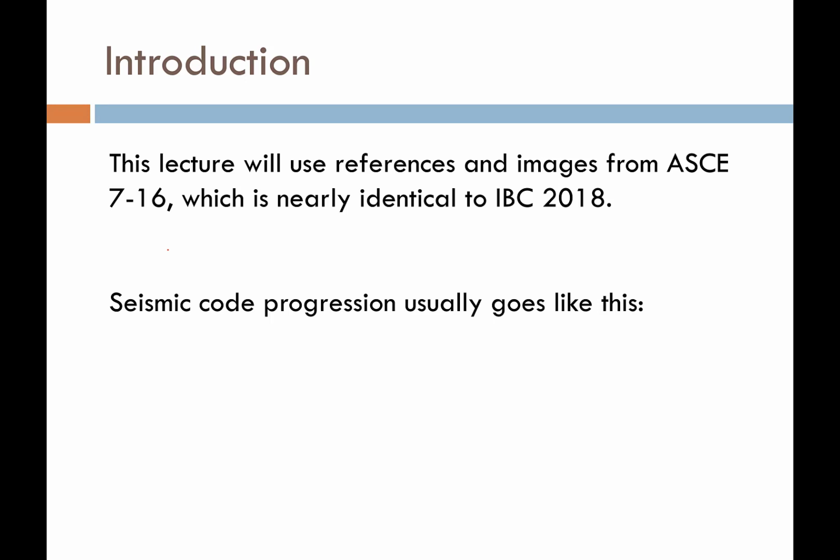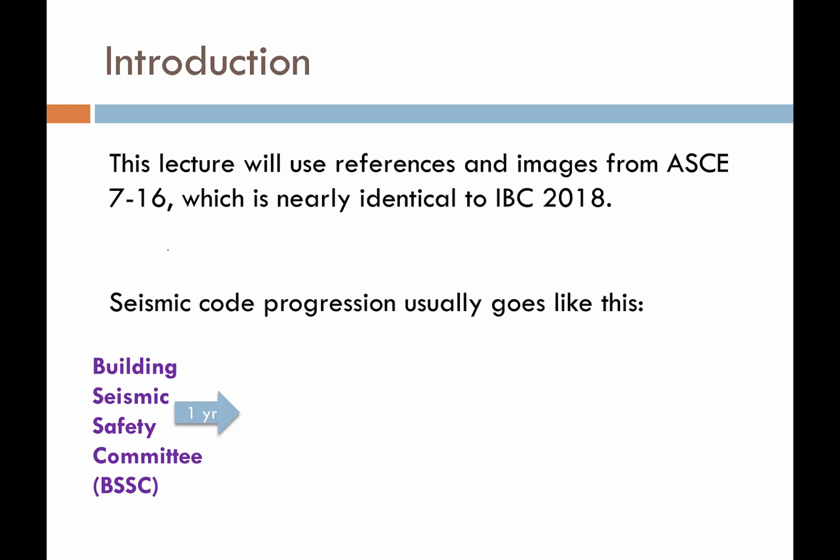But the one thing that all these code updates have in common is they follow a similar progression, and the progression goes something like this. There's a committee, a pretty prestigious committee, comprised of mostly structural seismic engineers, but there's also a few geotechnical engineers, a couple of seismologists, and a couple of building safety experts.